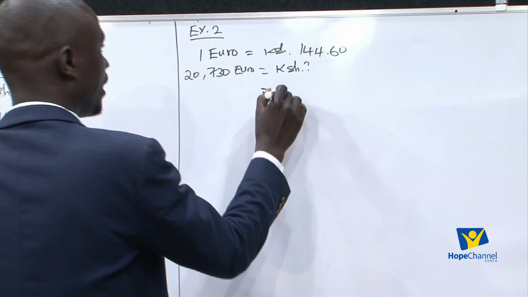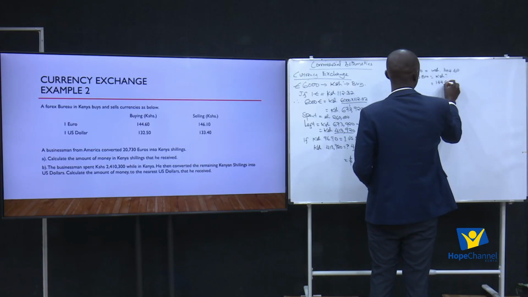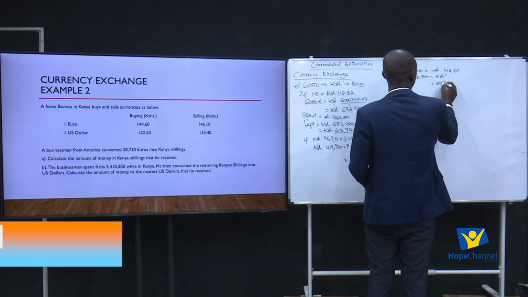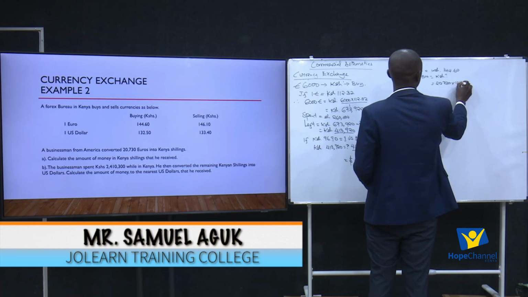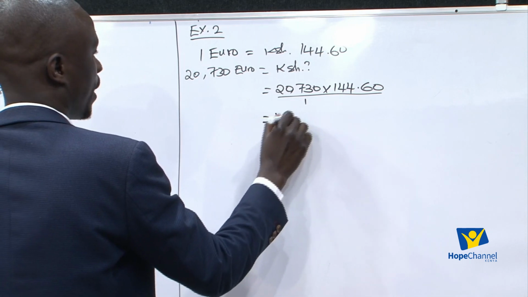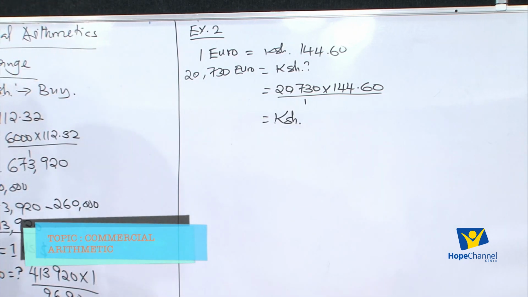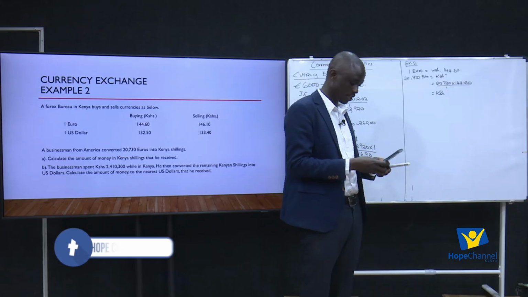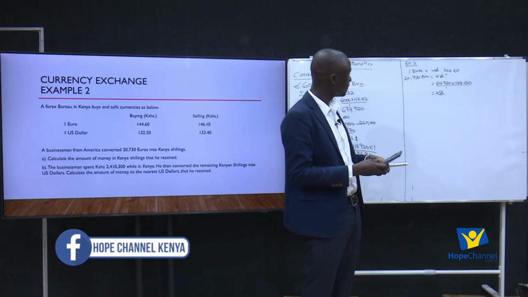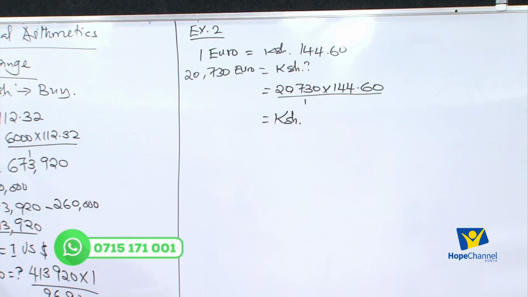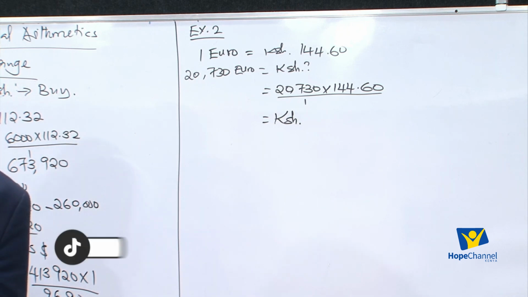So you simply say this is 144.60 times 20,730, everything divided by 1. That will give us how many Kenya shillings the businessman got. 20,730 multiplied by 144.60.